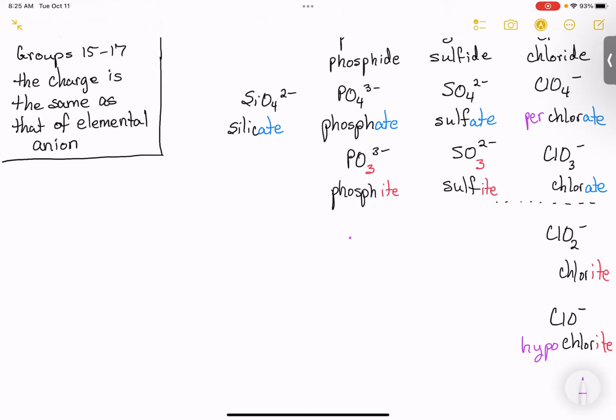And then I don't memorize my ites. I just know that in groups 15 through 16, to go from ate to ite, I drop an oxygen. That's all I change. And in group 17, because it's a family of 4, that means I drop it 3 more times. And the largest 2 will be ate, the smallest 2 will be ite as far as numbers of oxygens. But we have to distinguish the big one with the per and the smallest one with the hypo.